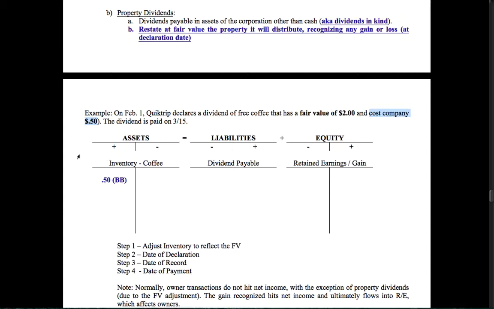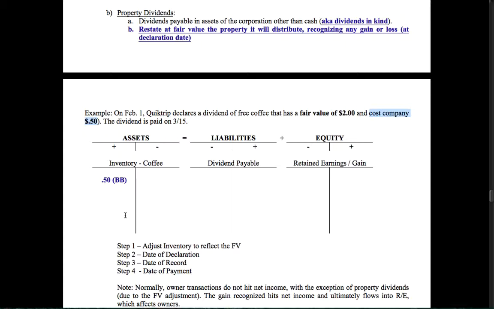You could see a problem where it says QuikTrip declares a dividend of 500 free coffees, and then you would have to do a little bit additional math to figure out what the adjustment needs to be. But this is just in its simplest form. We're thinking of this as 1 share, 1 dividend, 1 cup of coffee.